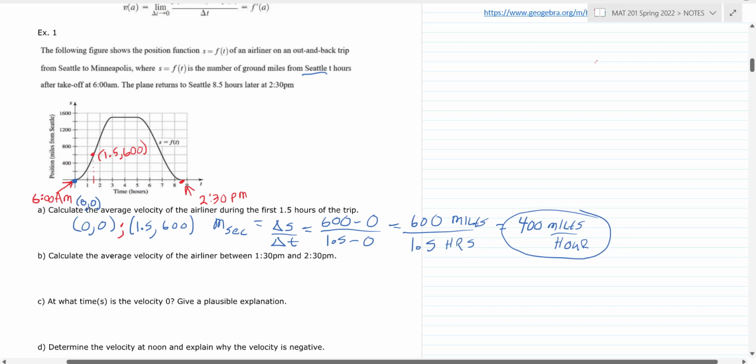All right, the next thing it says is find the average velocity between 1:30 and 2:30. So 2:30 is at the end right here. 1:30 is right there. 6 p.m. is noon, by the way. And just find what that point is. So it looks like after 7.5 hours, your displacement looks to be 200 miles approximately. I might change that a little bit. Let me zoom in on that.